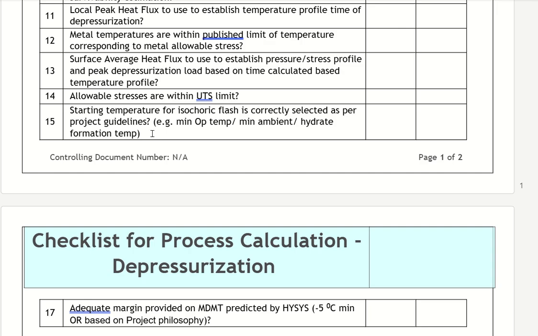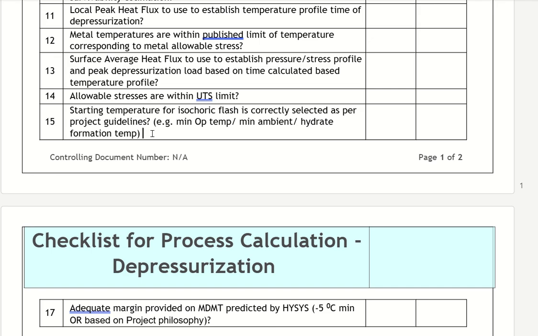So basically, isentropic flash is used for calculating MDMT for the depressurization, MDMT of the material of the vessels, so that during the initial phase, when the trapped vapor is left for a long time in a cold climate and we depressurize, the temperature is likely to go very low, sometimes beyond the limits of CS lines, and then we have to go for LTCS or SS lines.